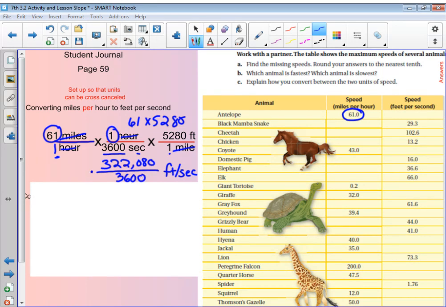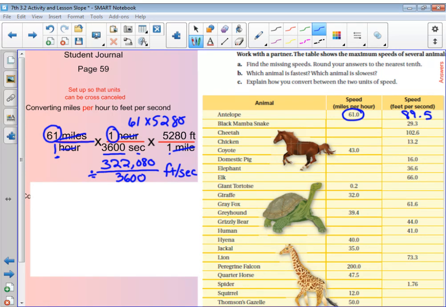And this line right here means to divide. So I'm going to divide by 3,600, and when I do that, I get 89.46 repeating. If we round to our first number behind the decimal, this 6 that's behind the 4 is going to tell that 4 to go up to a 5. So our answer here would be 89.5, and that's feet per second.